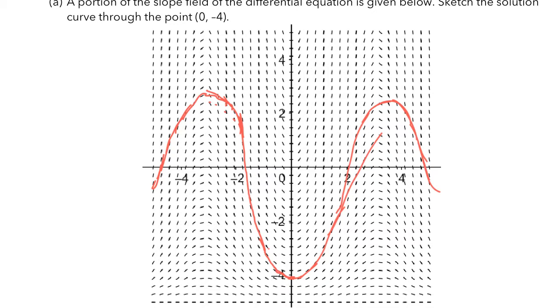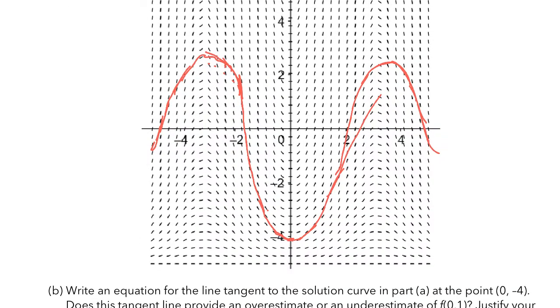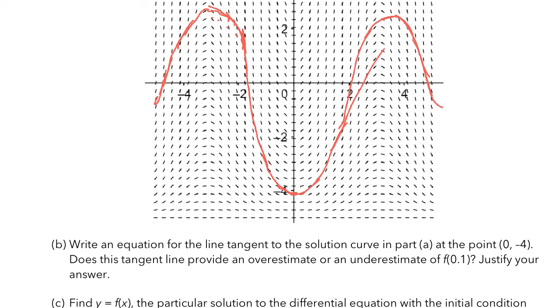Okay. And you could see the answer key, I think, didn't go up quite as high as mine, but something like that. Now write an equation for the line tangent to the solution. So I just need a point and a slope. I already have a point, so my tangent line is going to be y equals -4 plus the slope times (x minus 0).